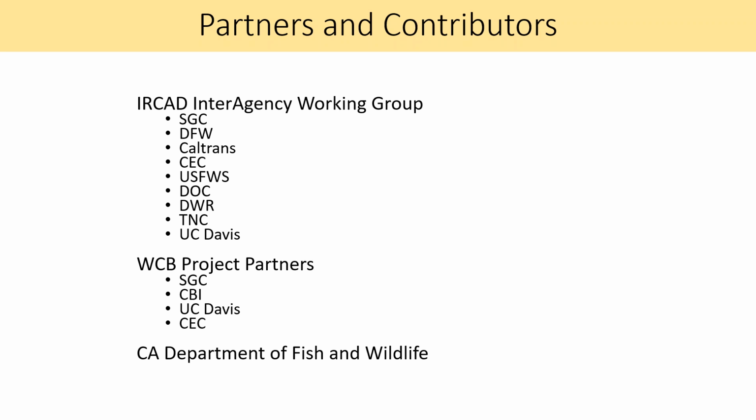And then there's a project that was funded now by the Wildlife Conservation Board to actually allow us to demonstrate this on two different ecoregions, one information-rich ecoregion and one relatively information-poor ecoregion, to basically walk through the methodology that was developed by the interagency working group and test and refine it and work with partners to move it forward.